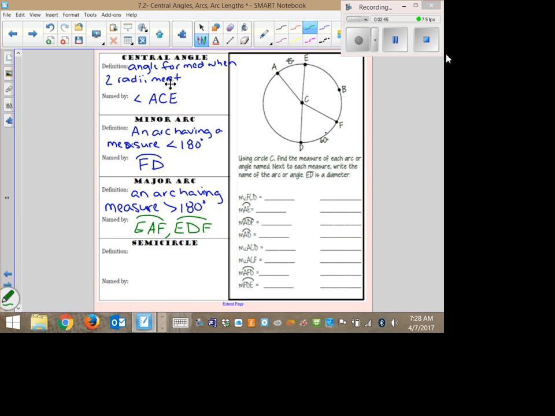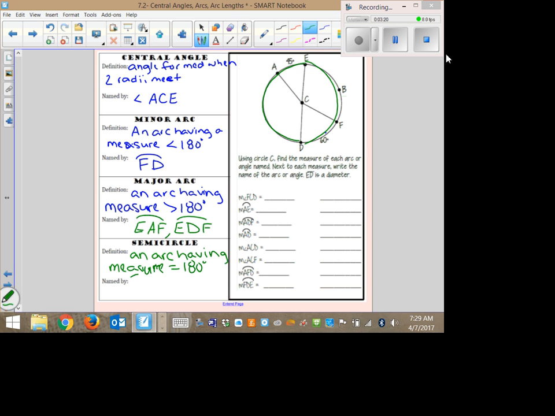Now a semicircle is an arc having a measure equal to 180. You can name this with just 2 points, like E to D. But note that this could go the other way too, so we really want to name it with 3 points.